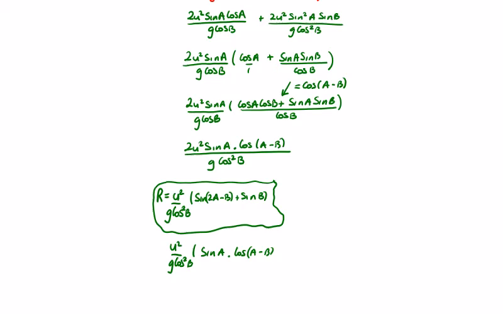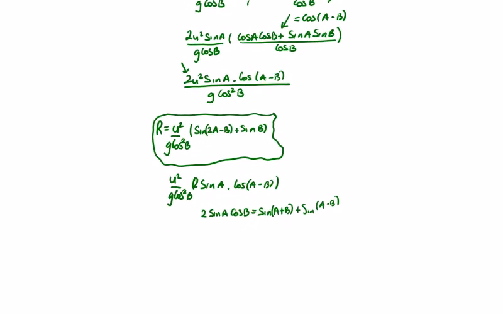That's sin a cos b, and I've left out my 2 here from this 2 here. And in the tables we're told that 2 sin a cos b is equal to sin of a plus b plus sin of a minus b. So hopefully that gives us what we're looking for here.